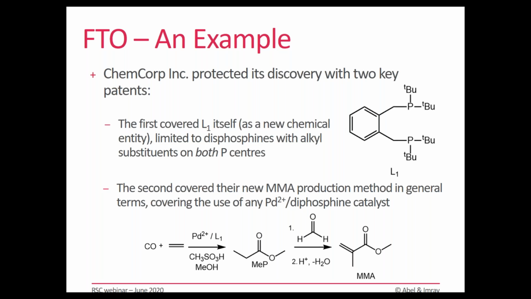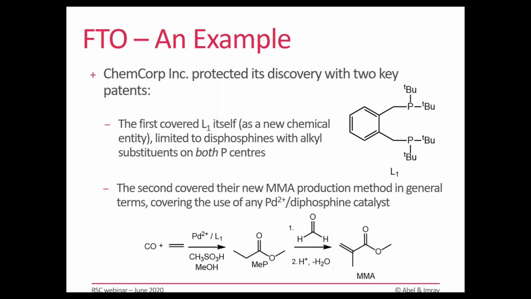Now, you might remember that's a bit different to our example where we had alkyls on one and phenyl groups on the other. So we'd probably be okay over that patent. But they also got another patent for the overall process. And so for their overall process, their contribution here really is the recognition of this alternative route that goes via methyl propionate.